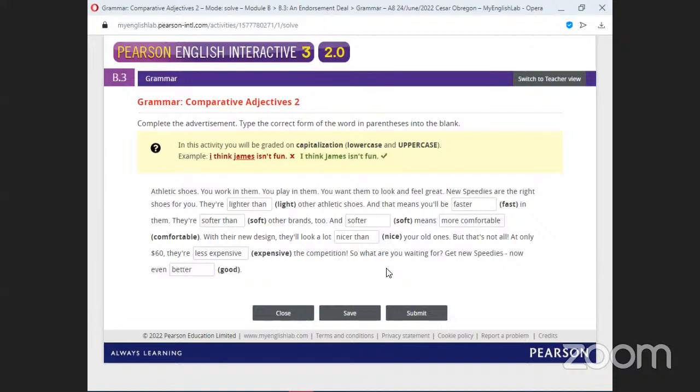But that's not all. At only $60, they are less expensive than competition. Less expensive. We forgot something. Less expensive than the competition. So what are you waiting for? Get new Spirits now even better.